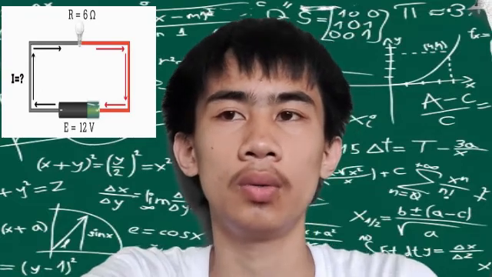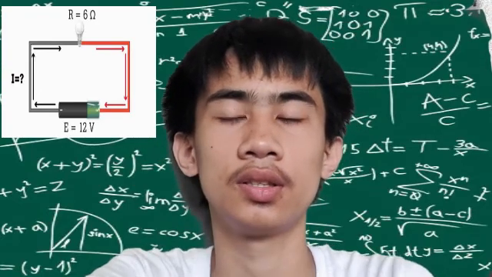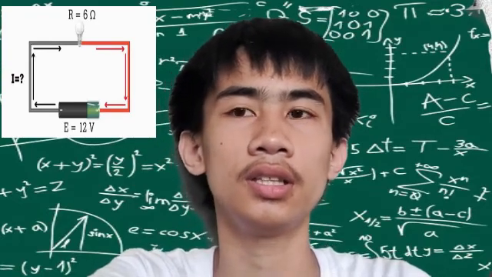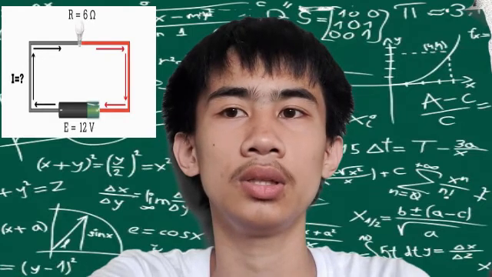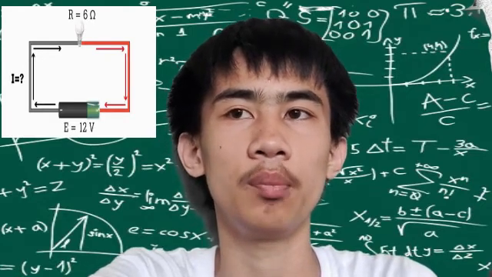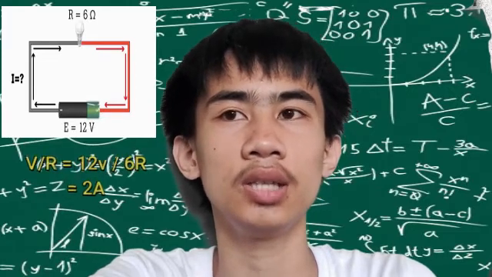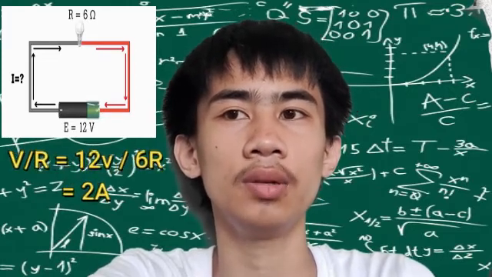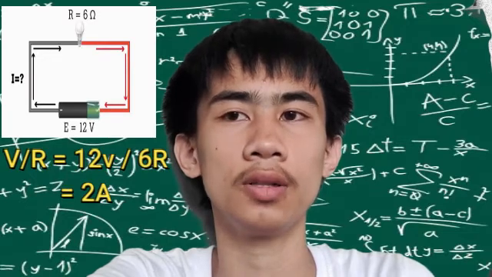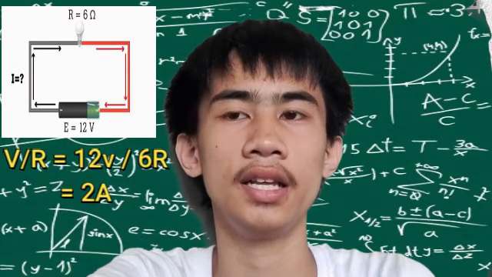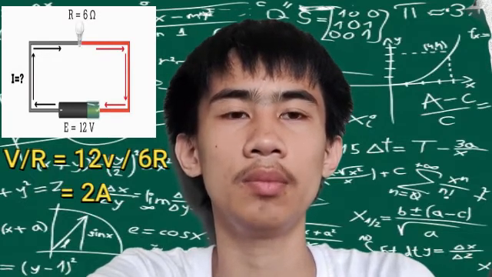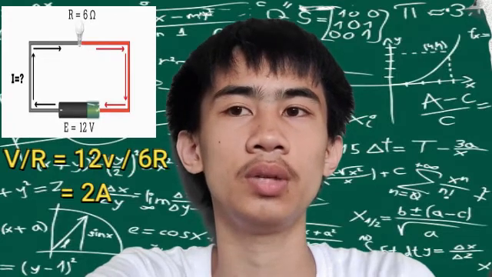Example: what is the current in the circuit? The current in the circuit will be 2 amperes. The formula we will use in this example is E divided by R. The E will be 12 volts and R is 6 ohms. We divide and the answer will be 2 amperes.